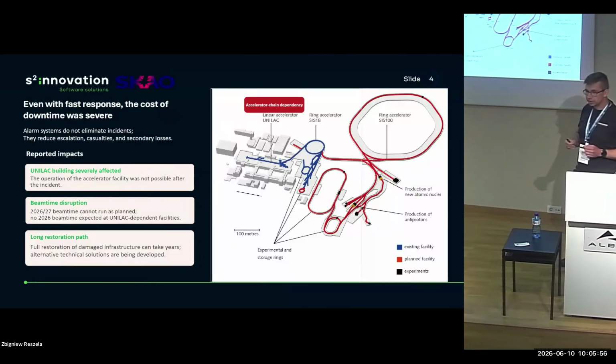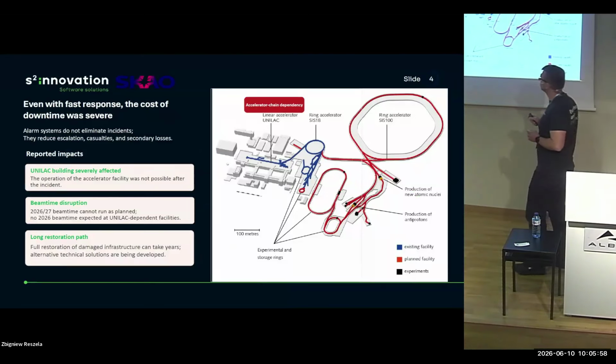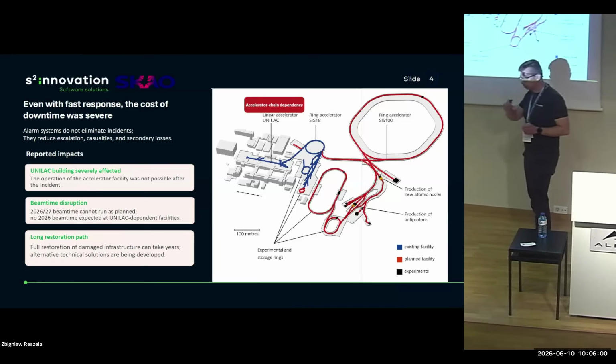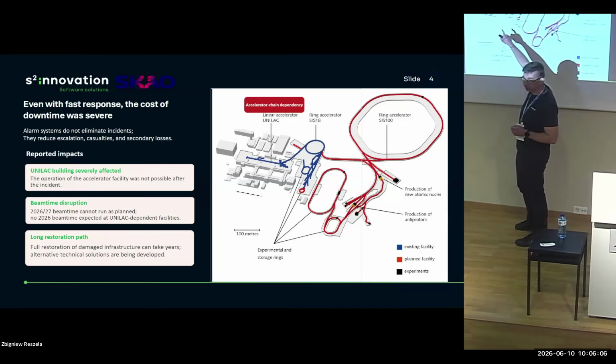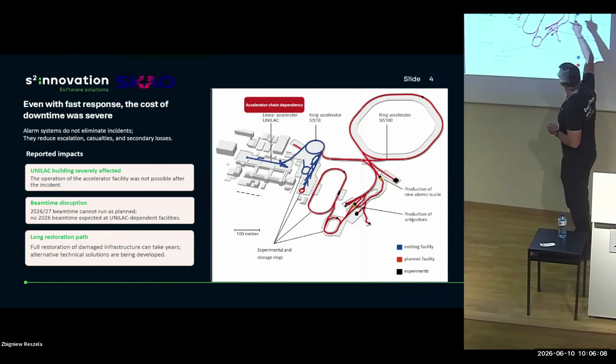And what were the consequences? Just to give you an overview, what I described before is the blue part, so this is GSI. And what is the red part?